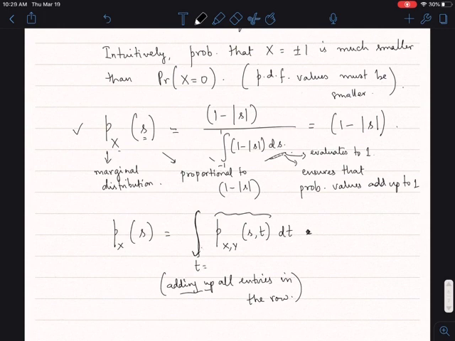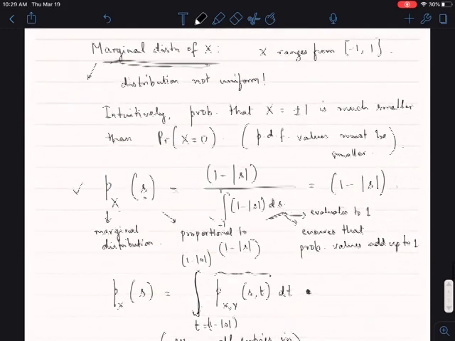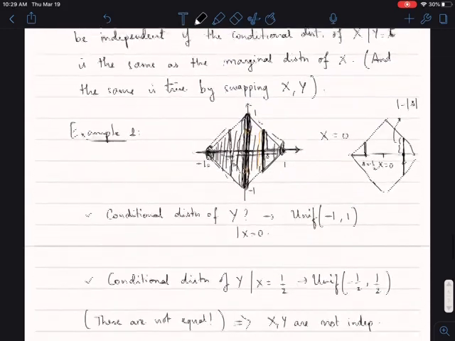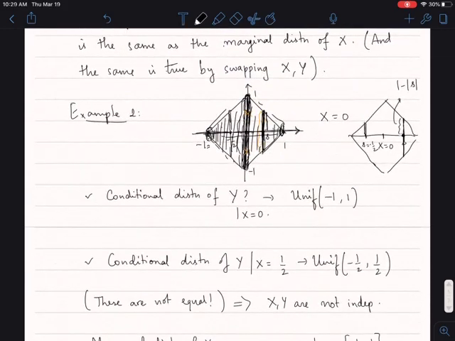Ideally t goes from minus infinity to infinity, but P is 0 unless you are in this interval. So t should go from minus (1 minus absolute value of s) to 1 minus absolute value of s. Because in this picture, if you fix x equals s, then anywhere out here the P_XY value is 0, and over here the P_XY value is uniform.